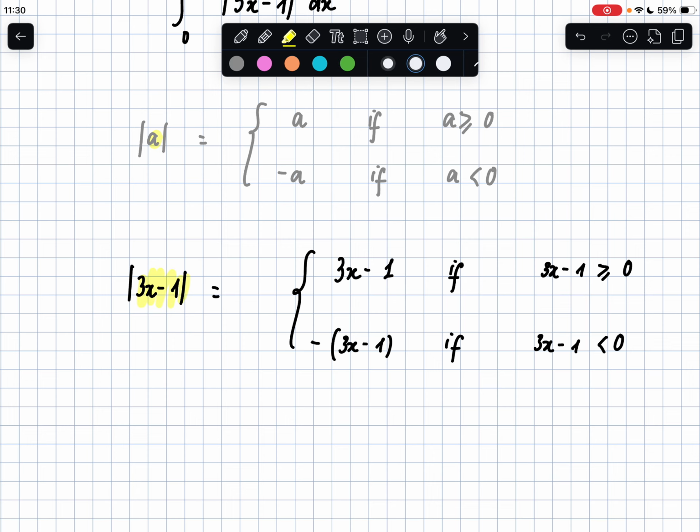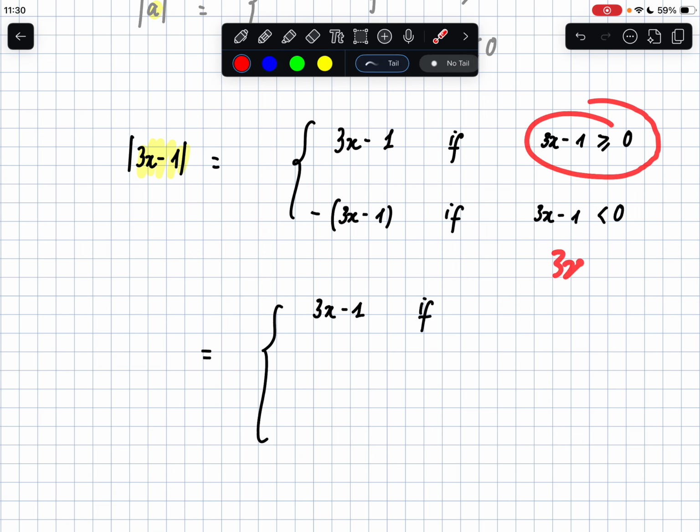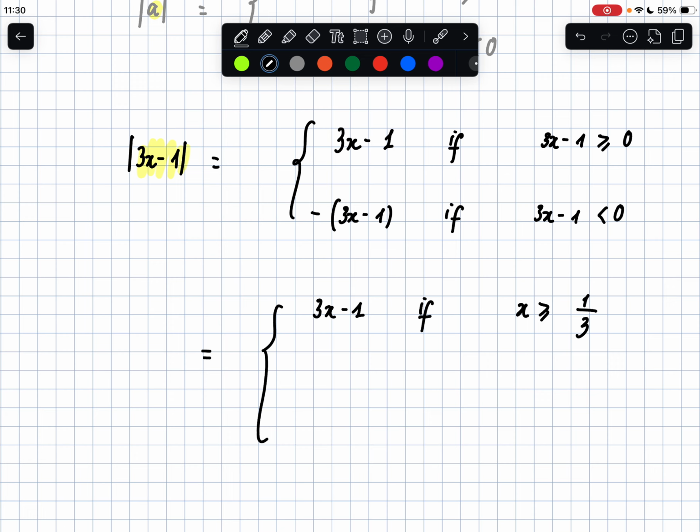So this one is written as 3x minus 1 if 3x minus 1 is bigger than or equal to 0, 3x bigger than or equal to 1, x bigger than or equal to 1/3, and 1 minus 3x if x is less than 1/3.